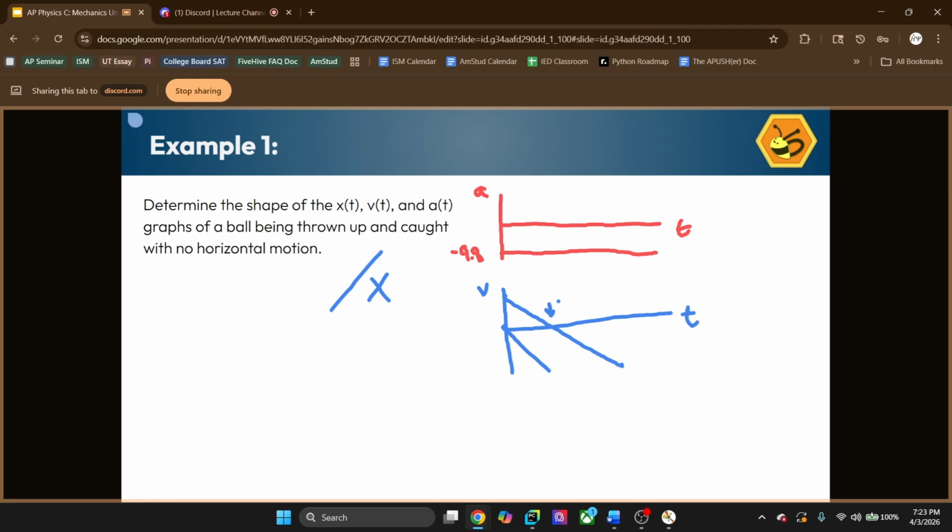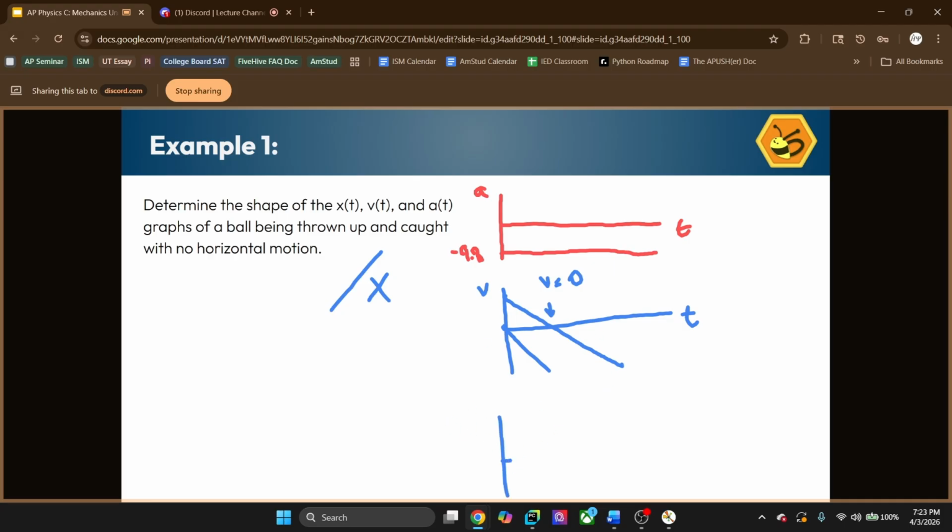Here, velocity is 0. And what does that mean? That means the ball is at its peak. It means it's not moving. There is a momentary pause in motion of the ball at the peak because that's where it changes the direction of its motion from up to down. And in order to change direction, you need to have an acceleration, and in this case, that's where velocity is completely 0. And then it falls down, and since it's falling down, the velocity is negative.